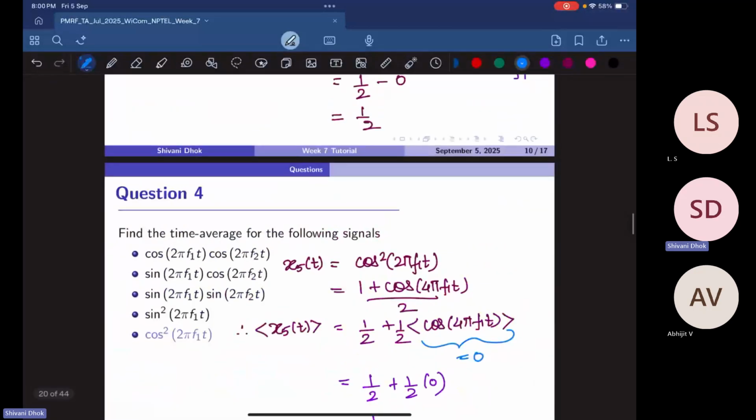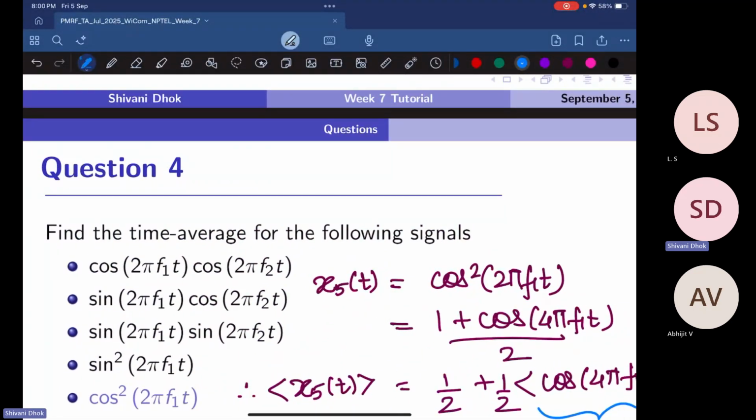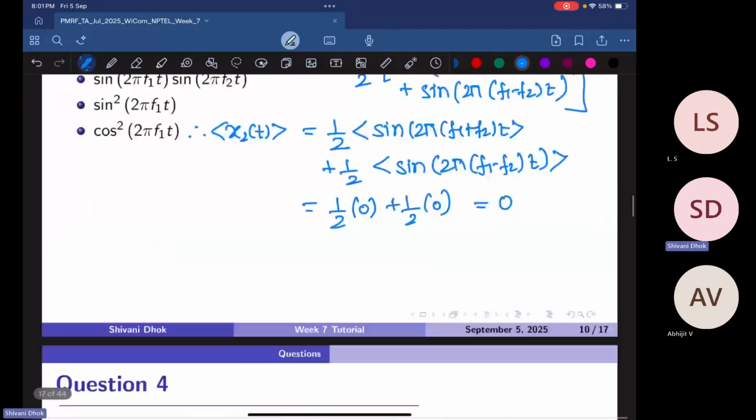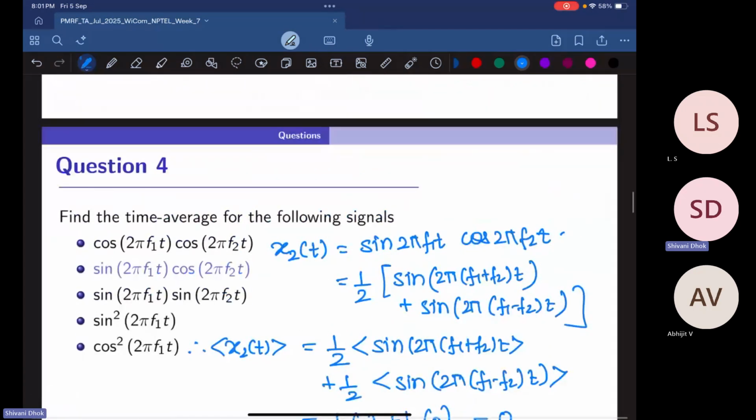So we saw that when we have two different frequencies and we want to take the time averages, and we have two cosine functions like this, then that particular thing comes out to be equal to 0.